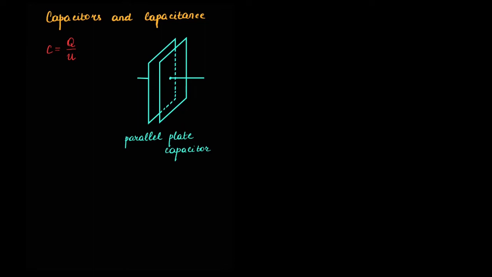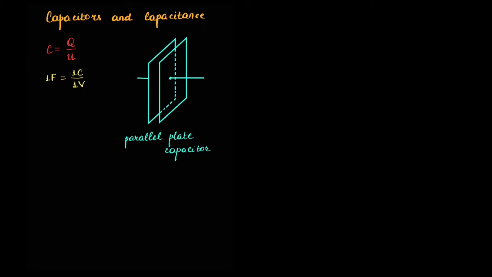Q is the maximum charge on the capacitor, and U is the voltage applied across its plates. The unit of capacitance is 1 farad, and it's not difficult to see that 1 farad equals 1 coulomb over 1 volt.